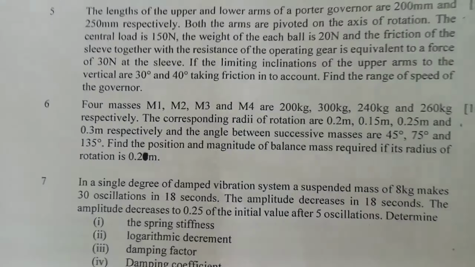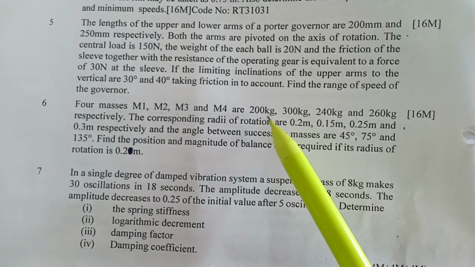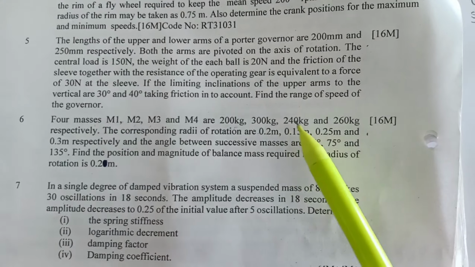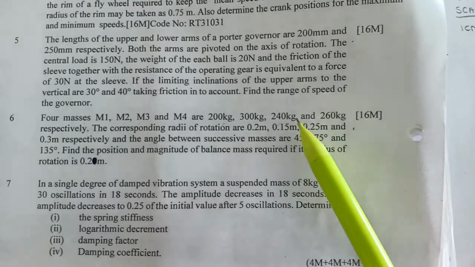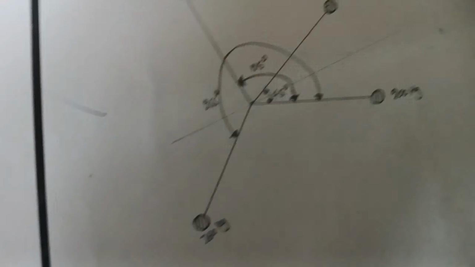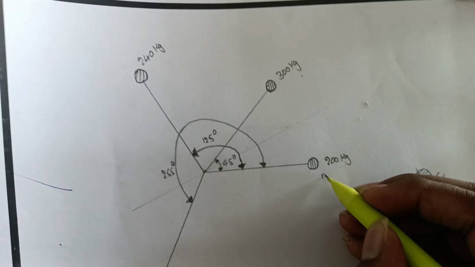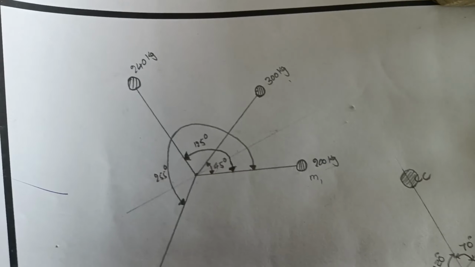Four masses M1, M2, M3, M4 are 200 kg, 300 kg, 240 kg, 260 kg respectively. That means four masses here. Let us take this first one as M1, 200 kg.